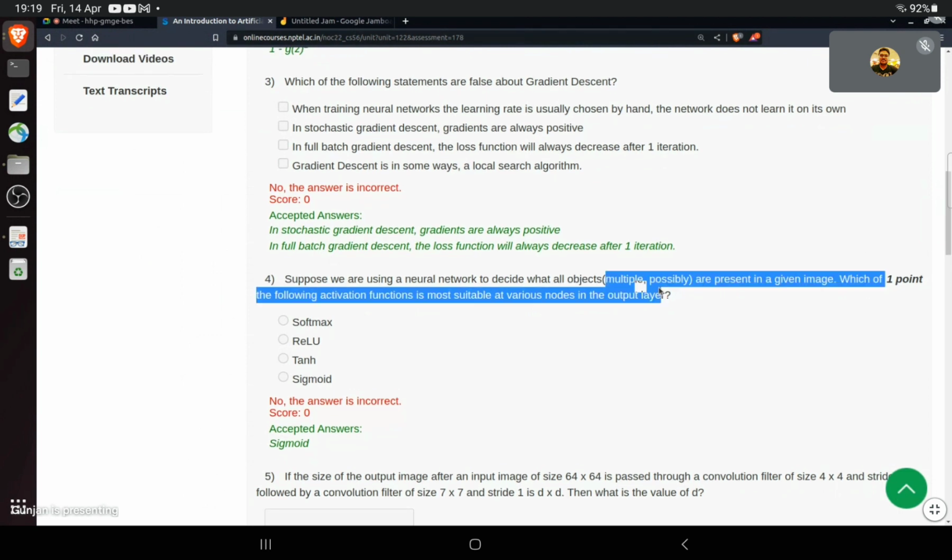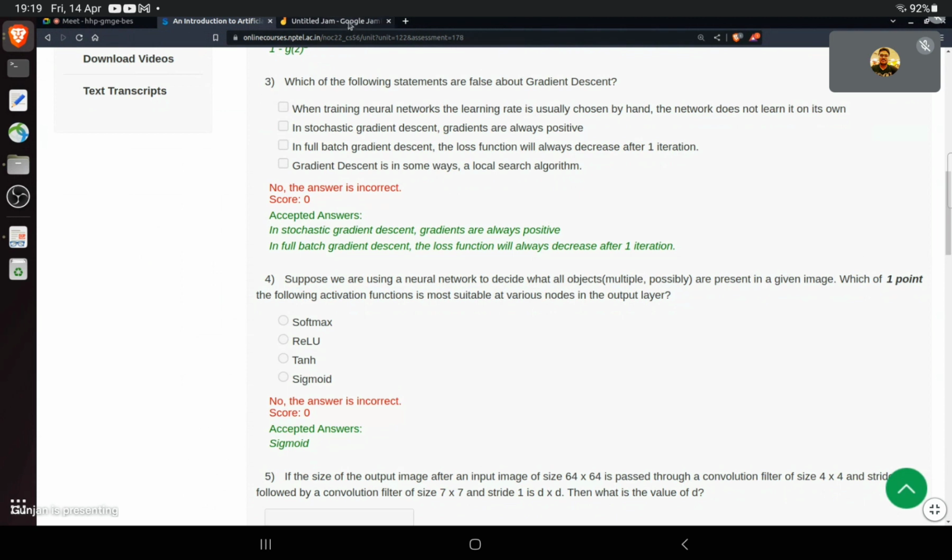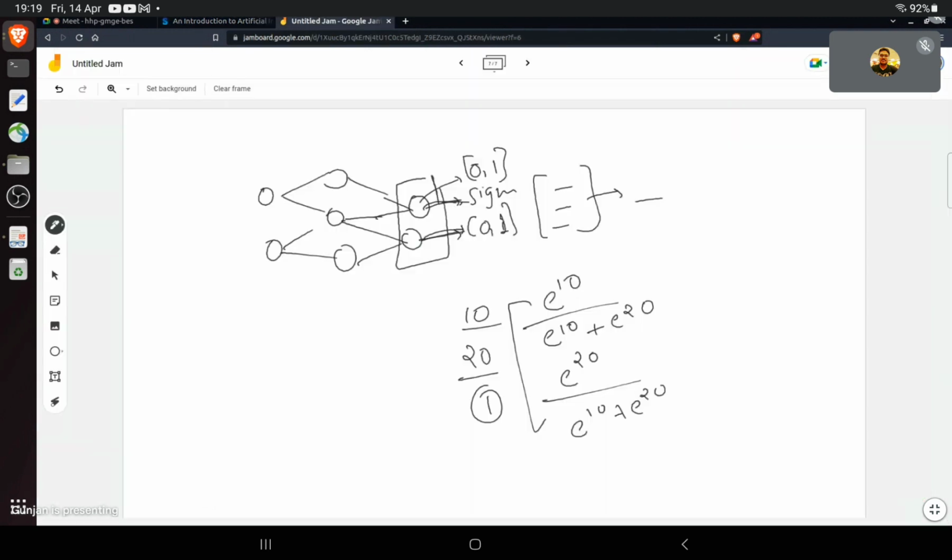Okay, so let me say that I got e to the power x, right? And if there are multiple objects, like let's say there are three, you can't have all three equal to one value, right? No, I'm not saying that all three are equal to one. Softmax will just say that one label is more probable than another.